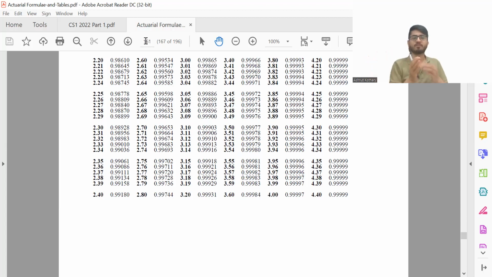Obviously this also includes the area between minus infinity and minus 3. Even if you ignore that, almost 99.8% of the values lie between the interval minus 3 and plus 3. That is, the bulk of the values should be within this particular range only.